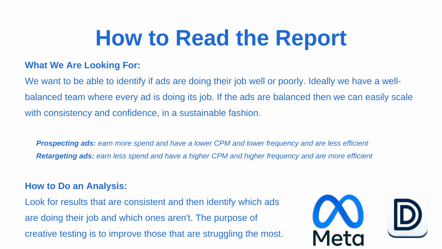So we know that ad is really appealing, the low CPM, but only to a small group of people, which is why the frequency is really high. And because it's only appealing to a small group of people, it's unlikely to be the thing that gets somebody across the finish line, so therefore that ad is probably less efficient. We might also see a retargeting ad with a high CPM and high frequency, but the results aren't efficient enough.